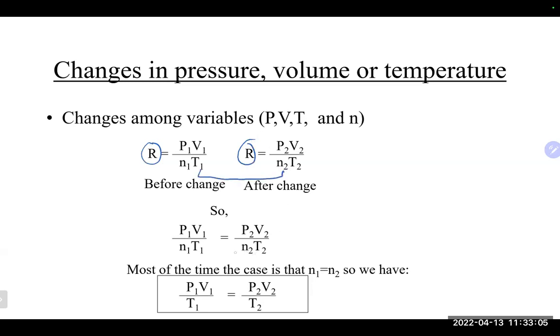And in most cases, if you don't open the lid, the gas is not going to escape, which means the moles of gas that you have in there will be the same. So what this gets us is to this equation here, which is sometimes referred to as the combined gas law, because it pretty much combines all the variables together here.